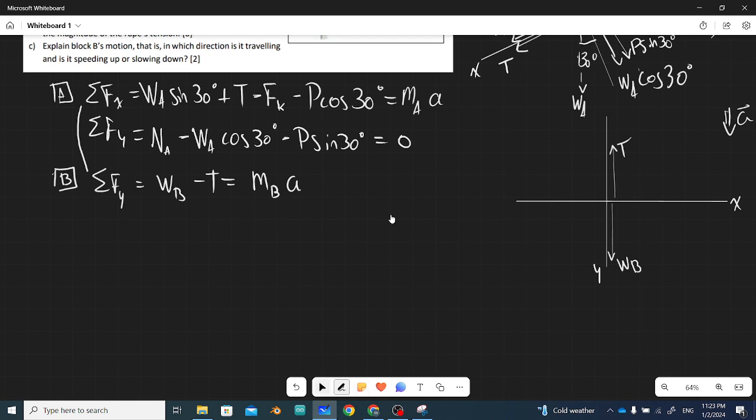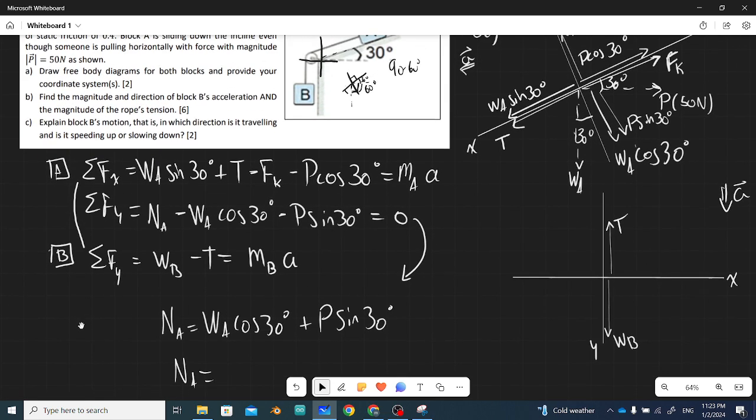All right, so let's solve that equation. I'm just going to bring those two to the other side. NA is equal to weight of A cosine of 30 plus P sine of 30. And the weight of A, what is the mass of A?